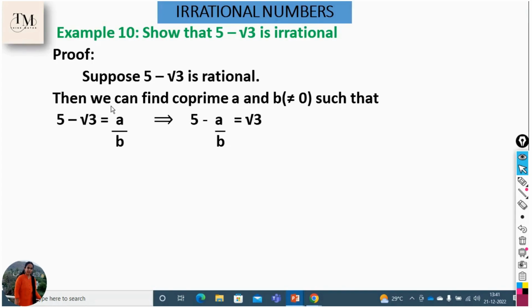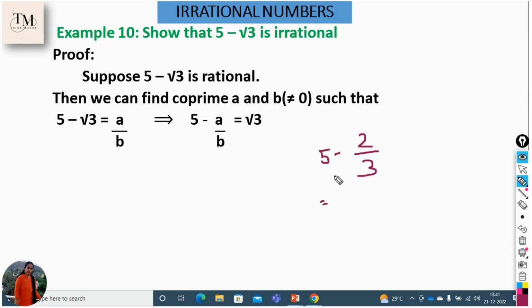So I take root 3 to the right hand side and a by b to the left hand side. So we get 5 minus a by b is equal to root 3.